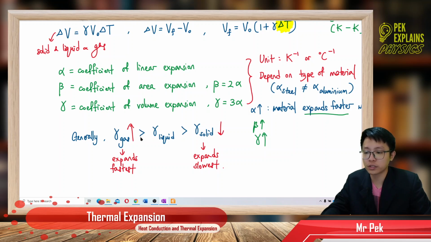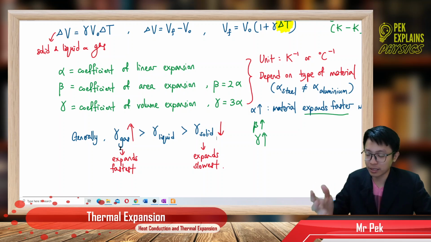Solid will have the lowest value of gamma. Liquid is in the middle. The liquid expands faster than solid, and the gas expands faster than liquid and solid.